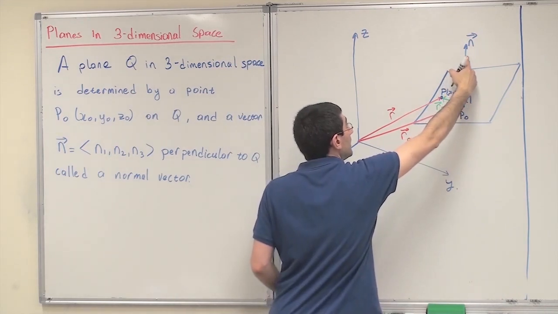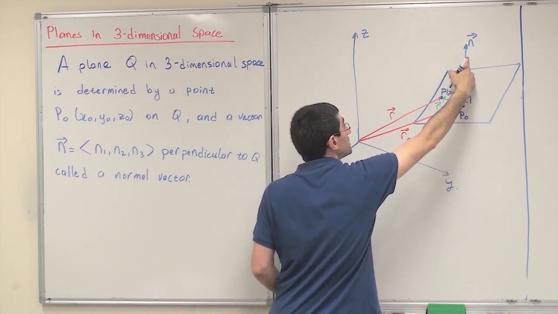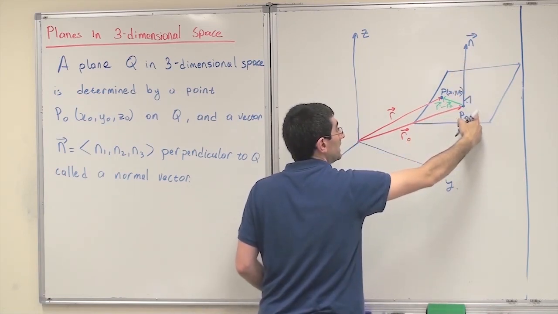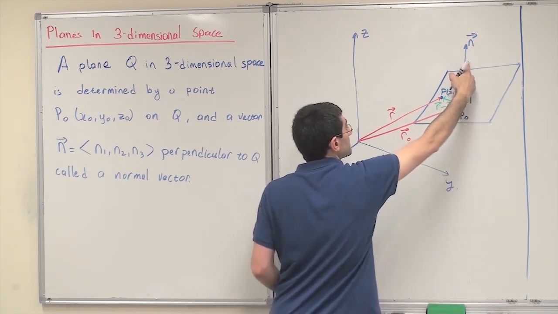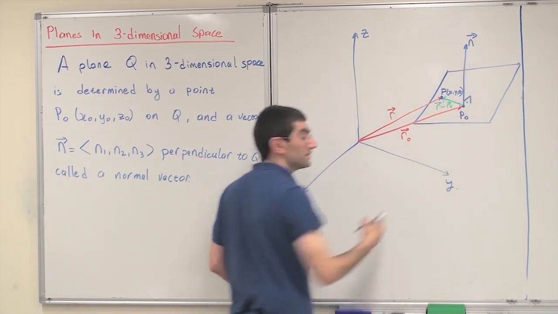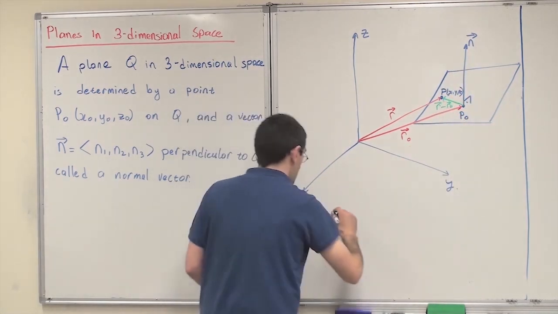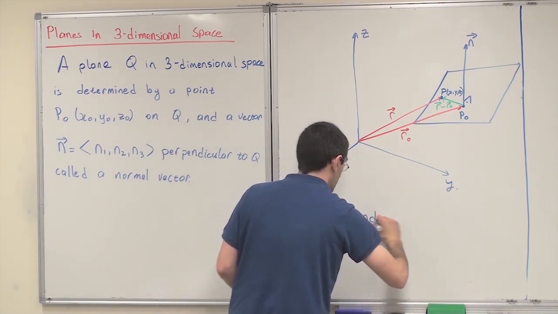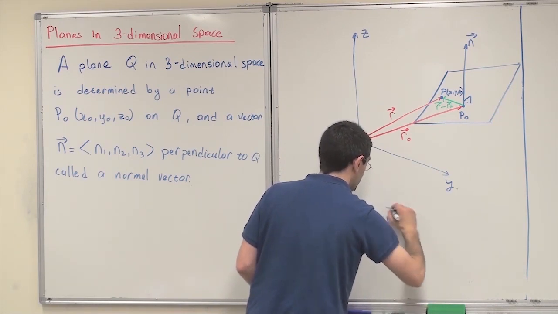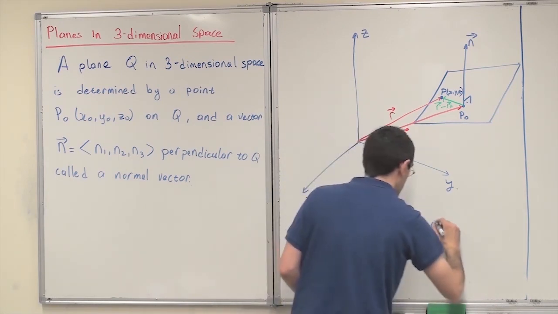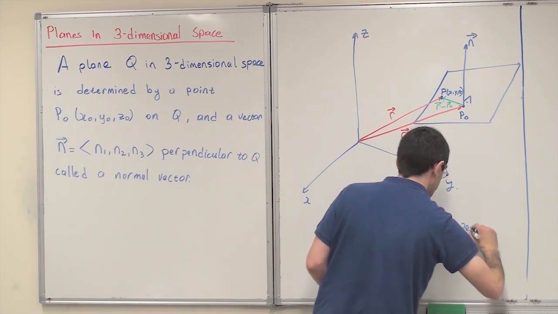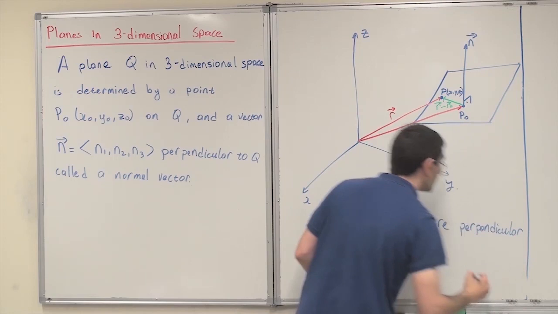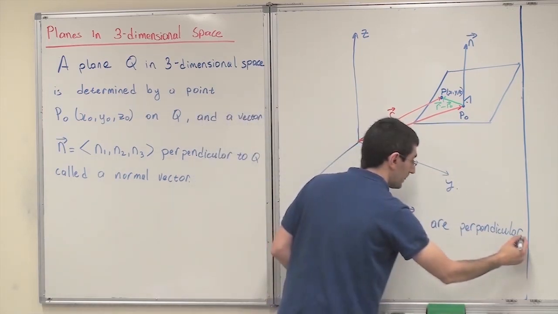And we have also the other information, which is that the vector n is perpendicular to the plane, which means that it is perpendicular to any vector on the plane. And therefore, the vector n and the vector R minus R naught are perpendicular, or orthogonal, if you like.